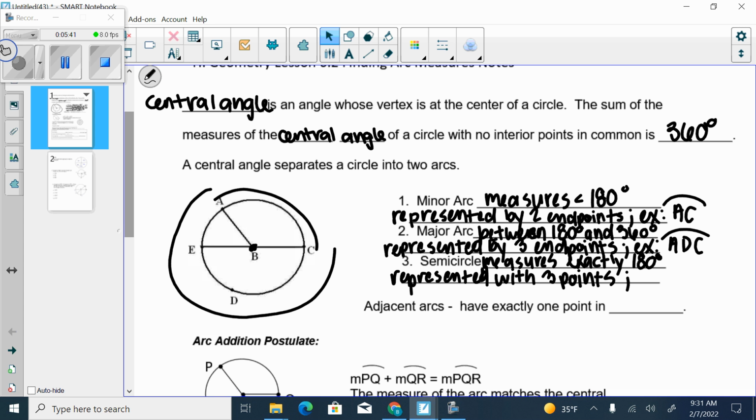An example of this might be this arc here, the arc EDC, and you still put your little arc symbol above the three letters.